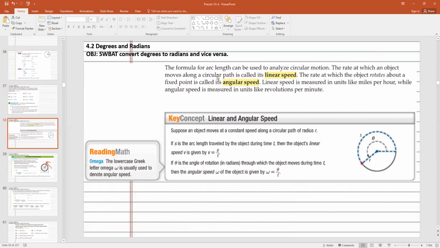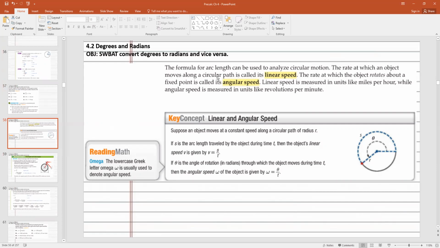Okay, so linear speed is just how fast you're going along a circular path. That's the linear speed, on a circular path, so it's kind of confusing, but there you go.